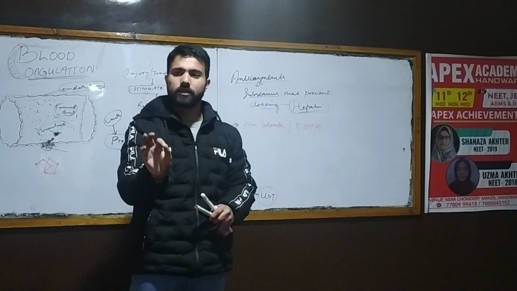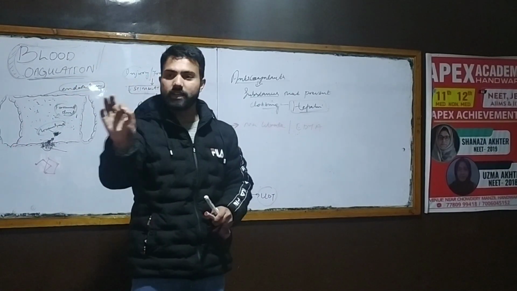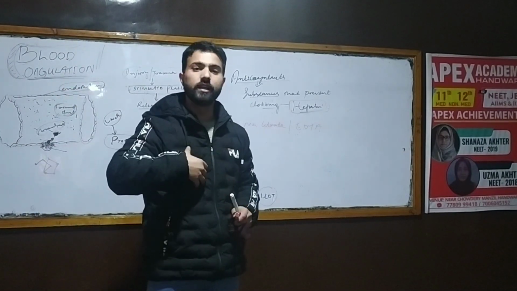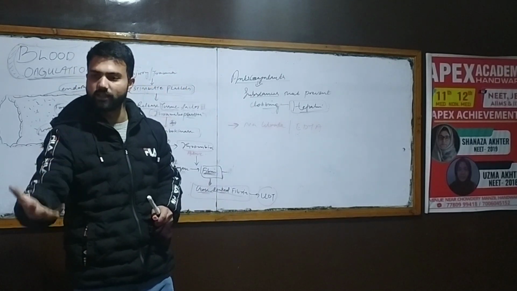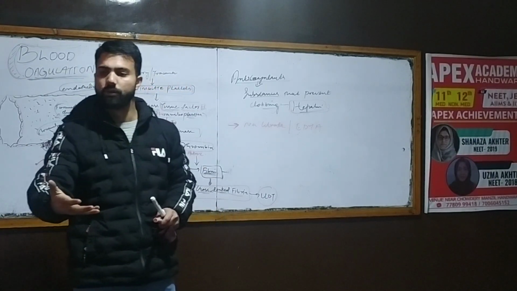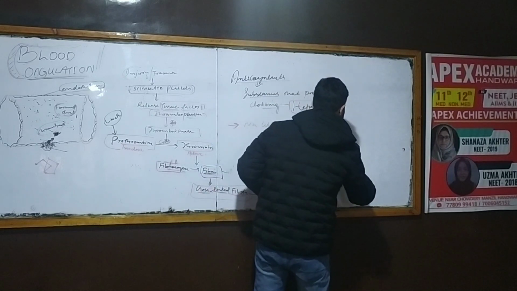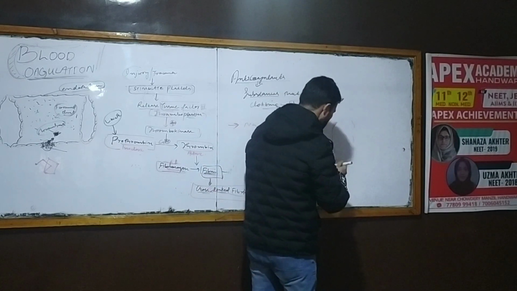The blood sample that you give to the doctor is present in small test tubes. When you give a blood sample to any clinical person, and you are providing the sample to the doctor, that blood is present in test tubes.